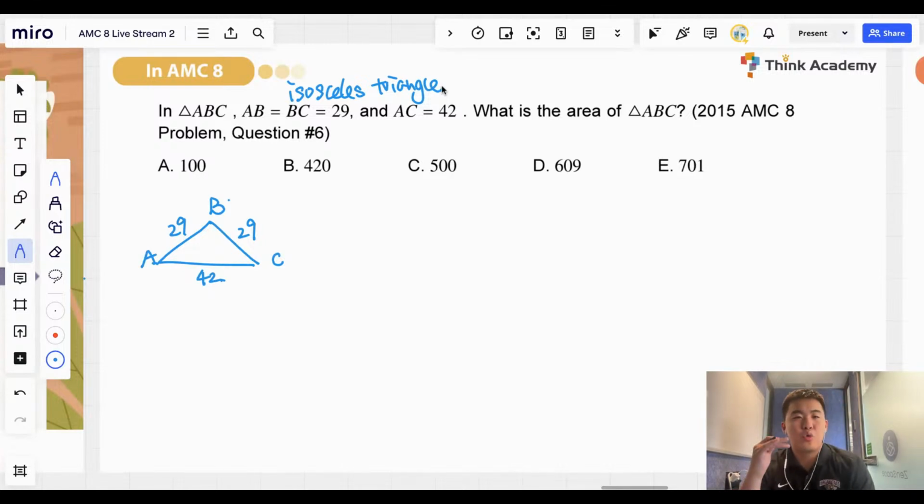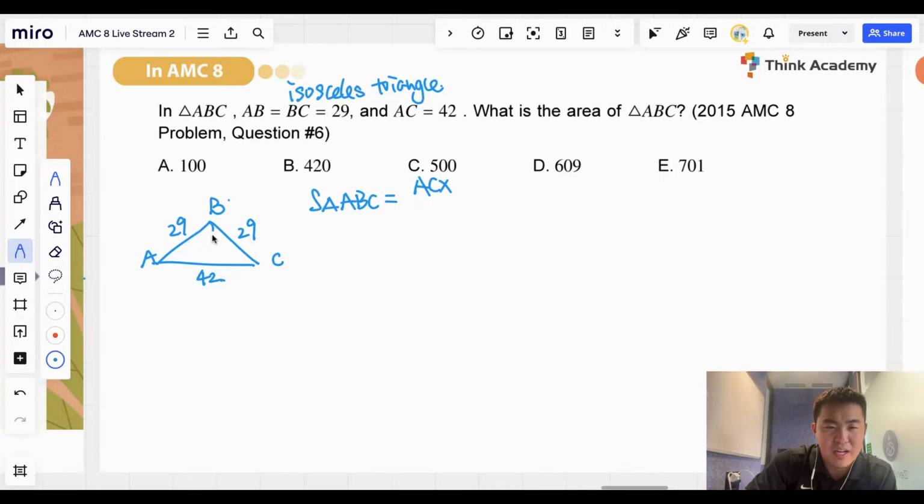Good, and the question is asking, what is the area of triangle ABC? Now, let's recall the general formula. For the area of triangle ABC, we first need to find its base, which is AC. Then we need to find the height. Since the height is not given to us, let's draw it ourselves as a helping line.